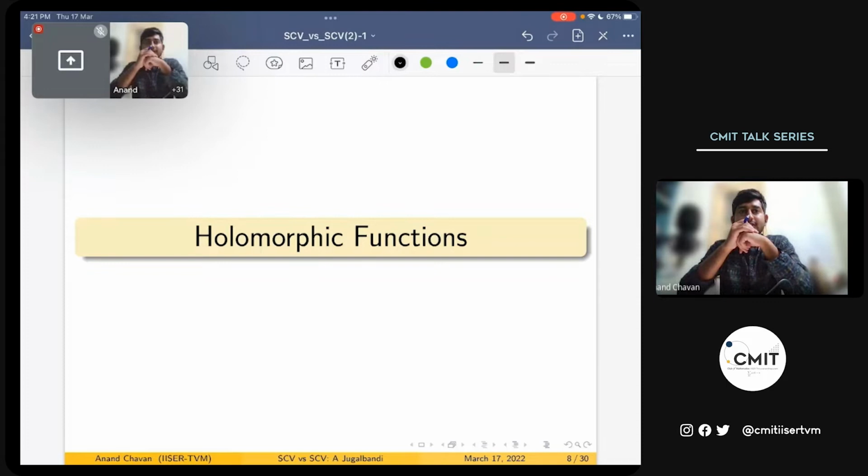Holomorphic functions are very special. Let's consider just a function from C to C, and say that the function is complex differentiable.